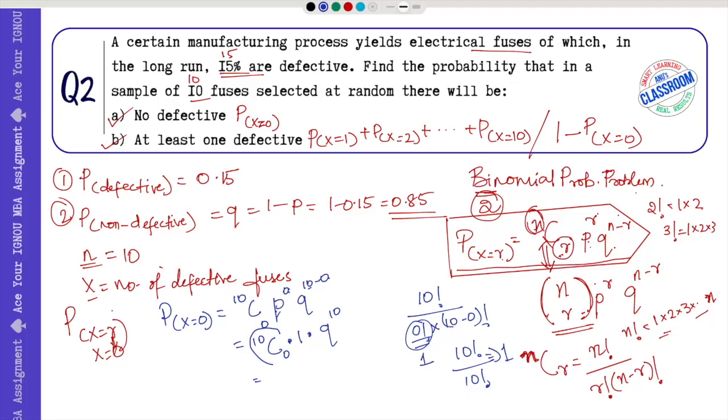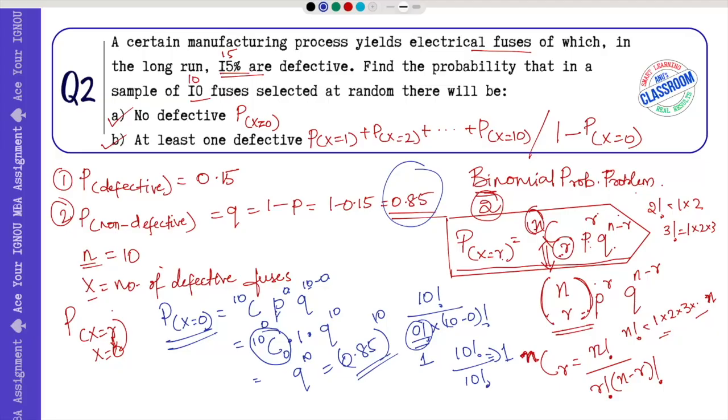So 10C0 becomes 1. So basically it is q raised to 10. What is q? Q is 0.85. So 0.85 raised to 10 is the probability that there are no defective fuses. I am not doing the calculation. You do the calculation and tell me what answer you got. It's just a matter of clicking your calculators and finding out.